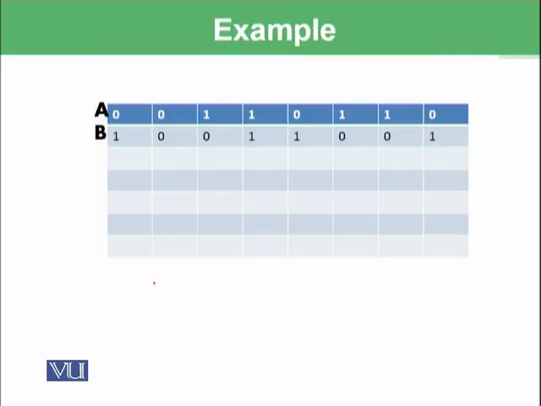So let's try to solve an example. Suppose I have listed A as 001101110 and B as 100110001.